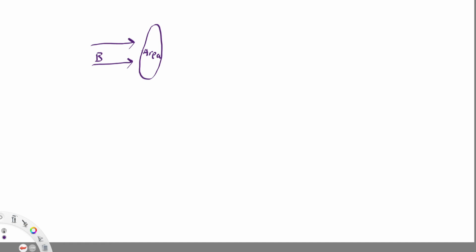If the B field is going straight into the loop, then great. That makes it easy. The amount of flux, and we usually use this Greek letter phi for flux, is just equal to B times A. That's how much flux goes through this loop.